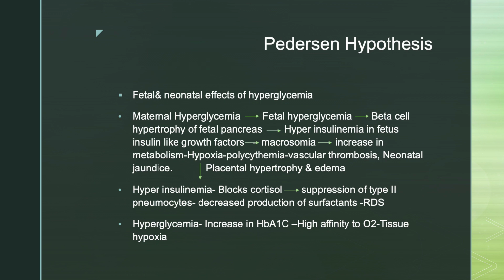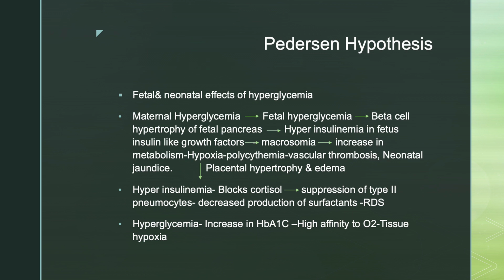Hypoxia will result in placental hypertrophy and edema of the placenta. And when there is hyperglycemia, the resulting hyperinsulinemia in the fetus will block cortisol production, which will result in suppression of type 2 pneumocytes, resulting in decreased surfactant production, which will result in respiratory distress syndrome even in a term baby of a diabetic woman.